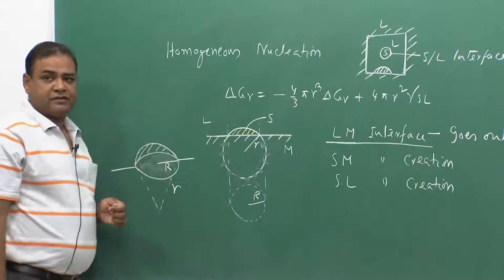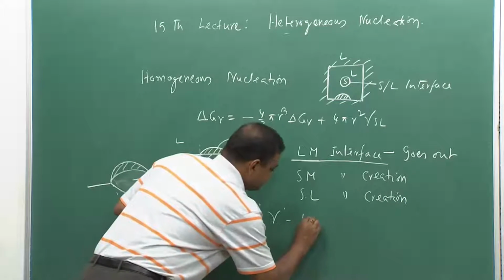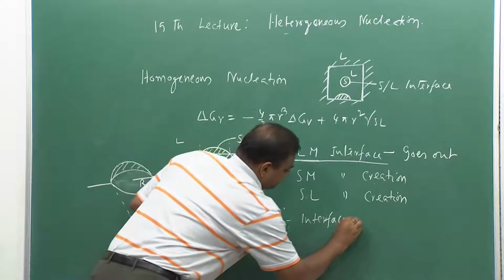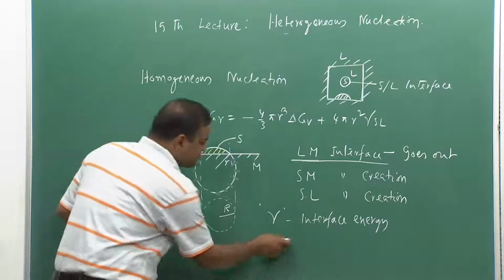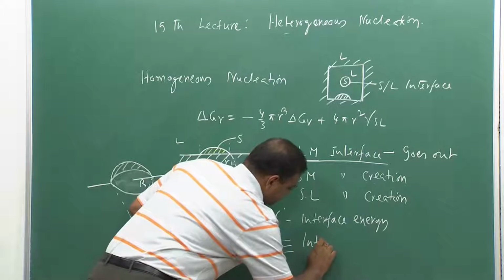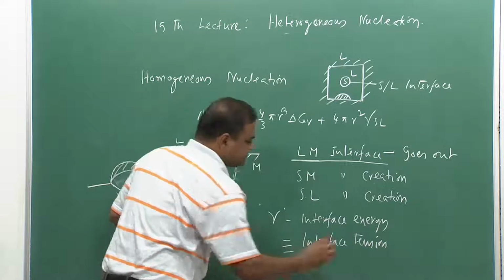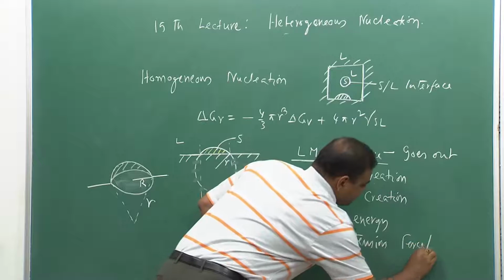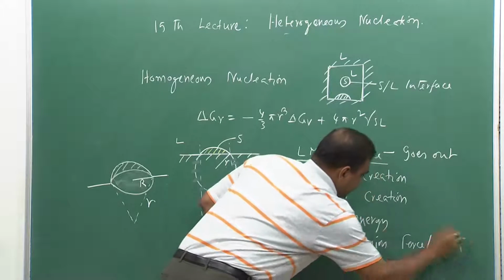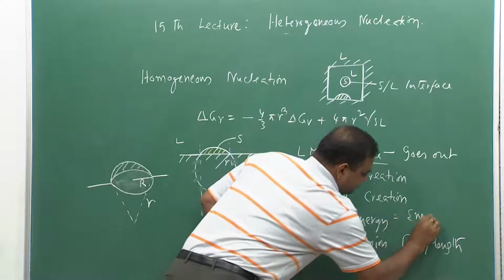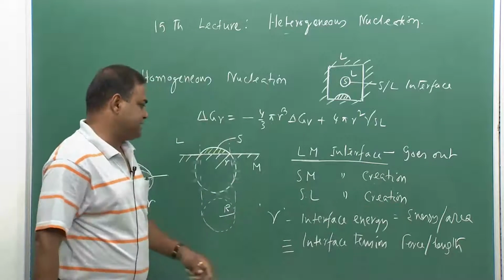Interface energy, we can also relate to interface tension, which is nothing but force per unit length, whereas here it is energy per unit area. If you do the conversion, you will get surface tension.